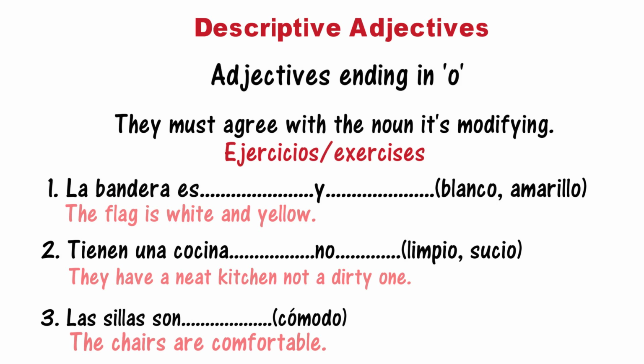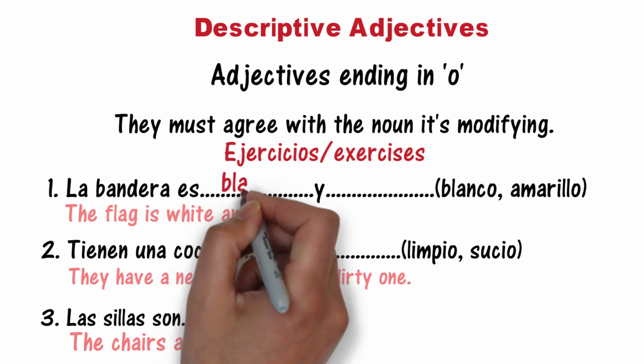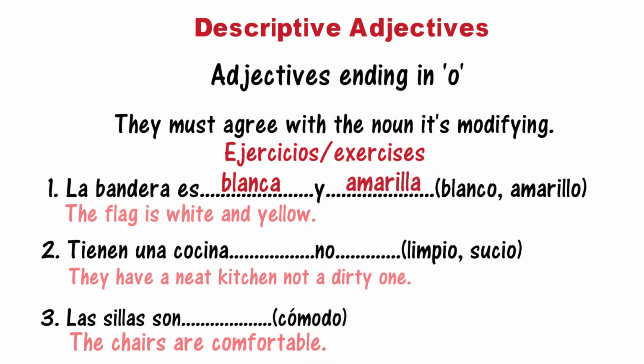The first sentence says: La bandera es blank y blank, and in brackets we have blanco, amarillo. The answer is: La bandera es blanca y amarilla. Why is the answer blanca y amarilla?